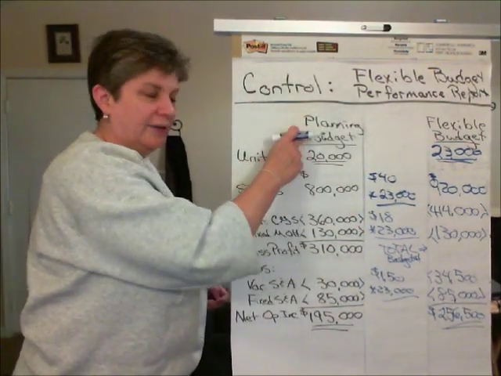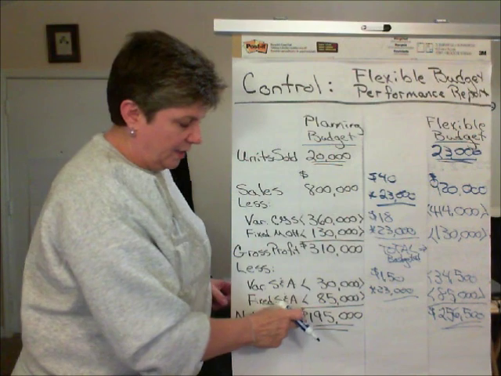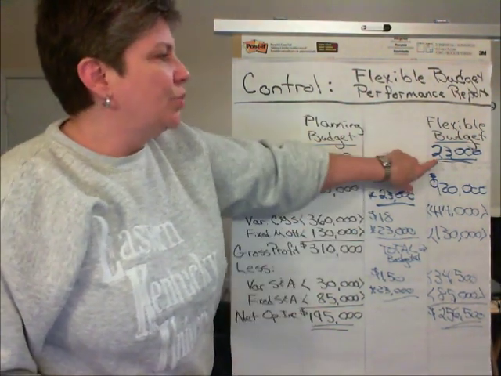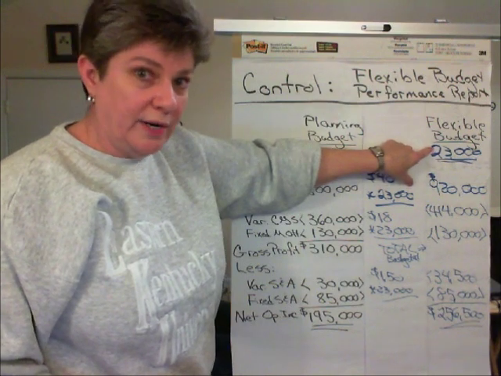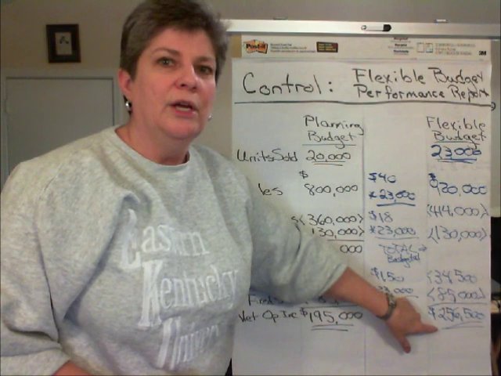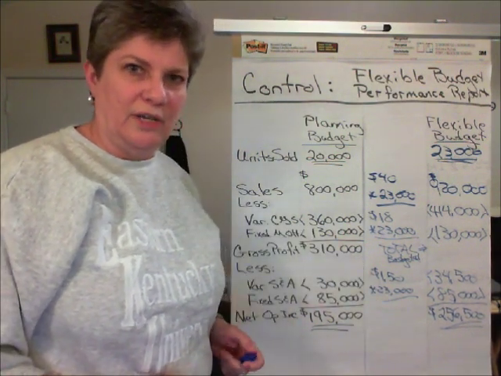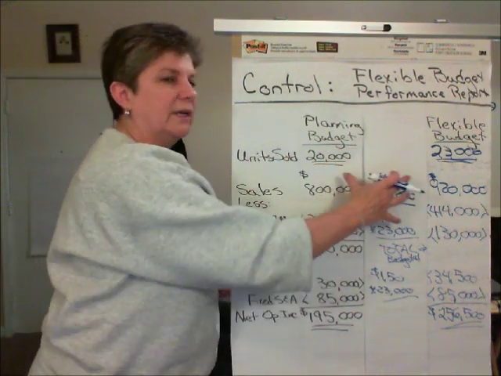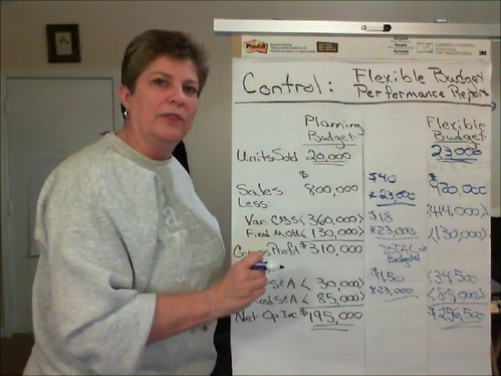So we planned for 20,000 units, operating profit of $195,000. We actually sold 23,000 units, so our profit should have been $256,500. Now in the next video, we're going to look at the variances and see what they tell us.